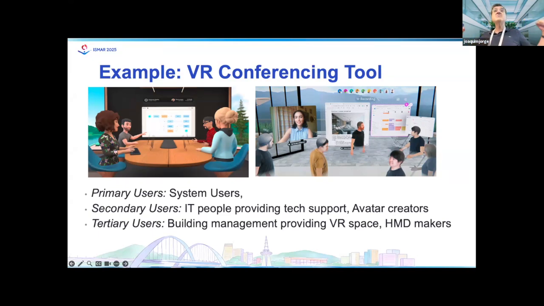So the primary users would be everybody, right? All of us that right now use Teams, Zoom, or something similar. And we want them to use either the next generation of Meta glasses, Varjo, or Ray-Ban enhanced spectacles. And then these people will have trouble.